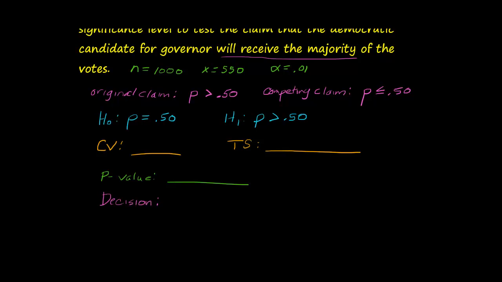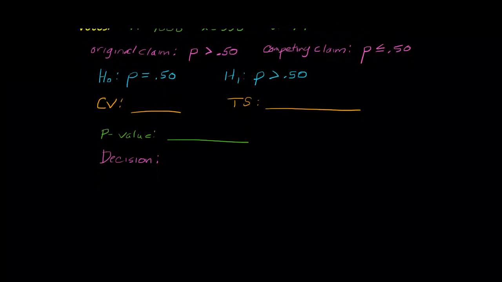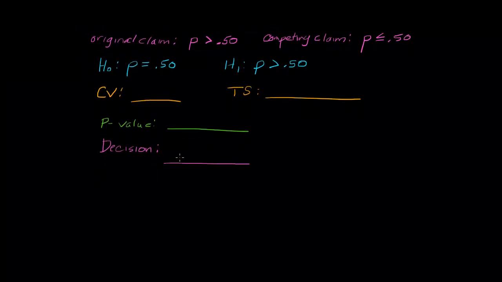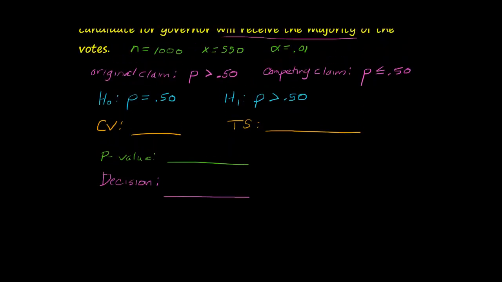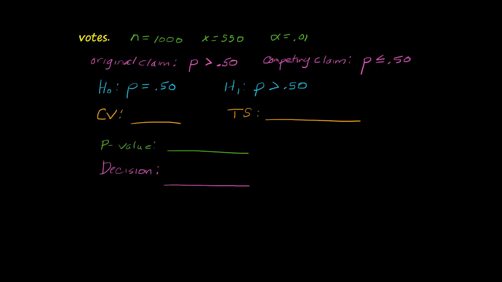Okay, so first let's get this critical value. Our critical value is based on alpha, and our alpha was 0.01. So for a critical value, that means we want to find the z-score associated with the area 0.01.